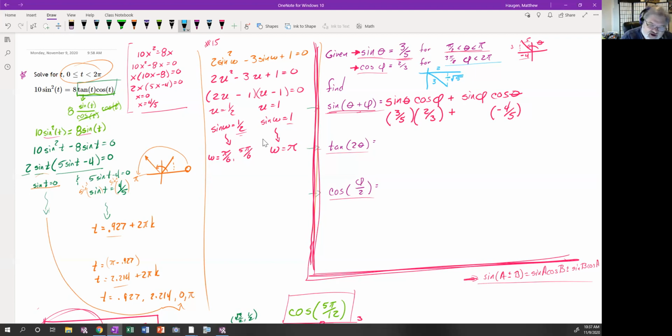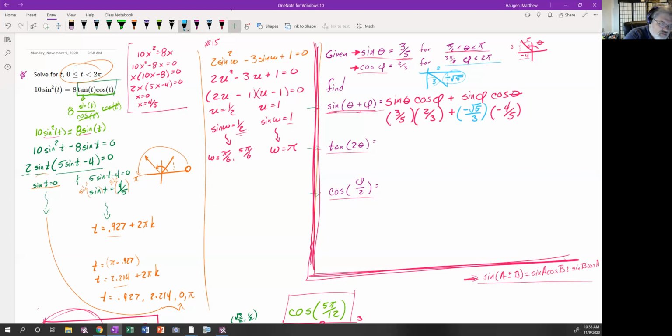So that means our sine of phi, our sine is supposed to be our y over our r, or our opposite over hypotenuse, if you like to think about it that way. So that's going to be negative square root of 5 over 3. All right, so we know all those values.